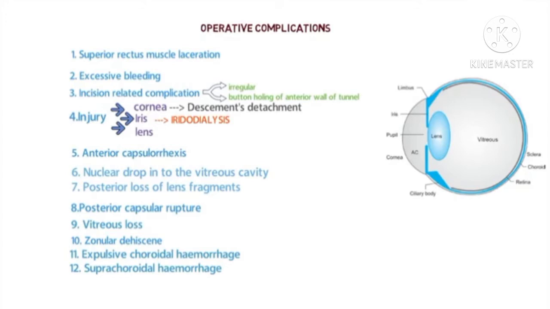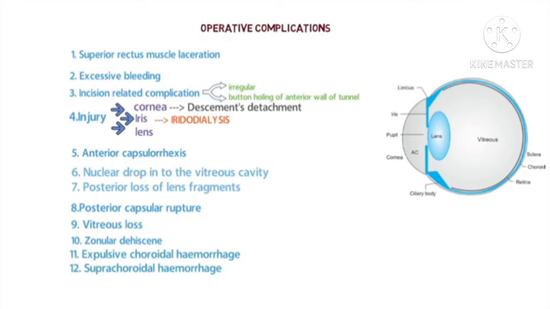So the first complication is superior rectus muscle laceration while holding the bridle suture. Then there is excessive bleeding. There can be incision related complications. After that, there may be injury to the cornea, iris or the lens. Then there is the anterior capsule and complications related to anterior capsulorhexis. Then there is nuclear drop into the vitreous cavity or posterior loss of lens fragments.